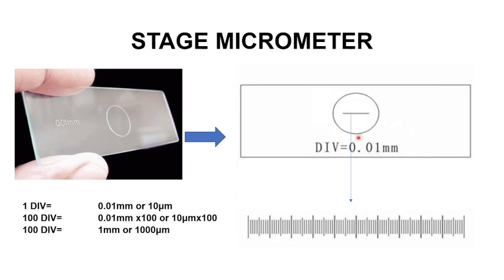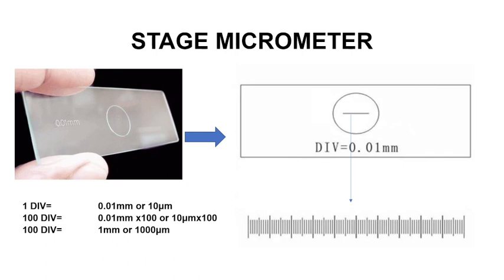If you see this stage micrometer under the microscope, you can observe that it has almost 100 divisions, and as one division is equal to 0.01 millimeter, or 10 micrometer, then 100 divisions are equal to 0.01 millimeter times 100, I mean 1 millimeter, or 10 micrometer times 100 means 1000 micrometer.